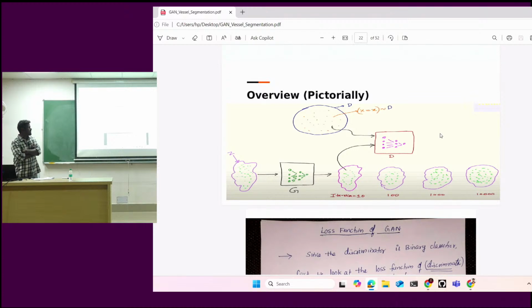Otherwise, what happens? You try to minimize this error on the computer, right? Here, on appearance, suppose I have an original image, then I have a reconstructed or generated image from this model.